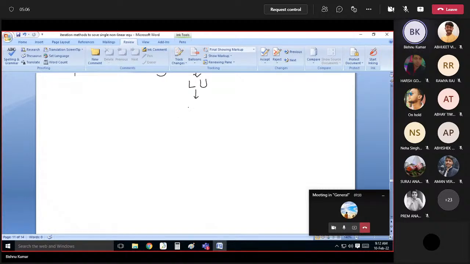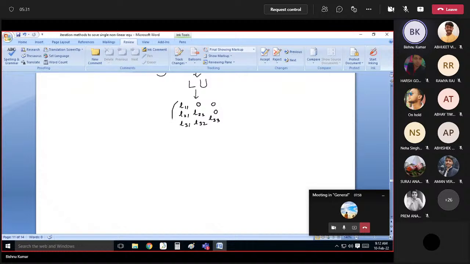A lower triangular matrix means all elements from the diagonal downward are non-zero: L11, L22, L33, then L21, L31, L32, and the off-diagonal elements above are 0.